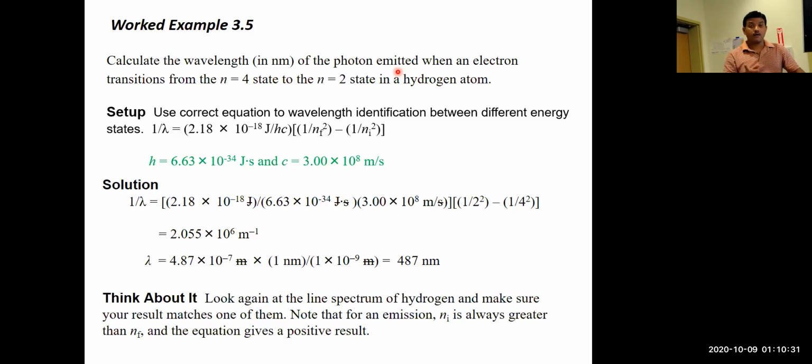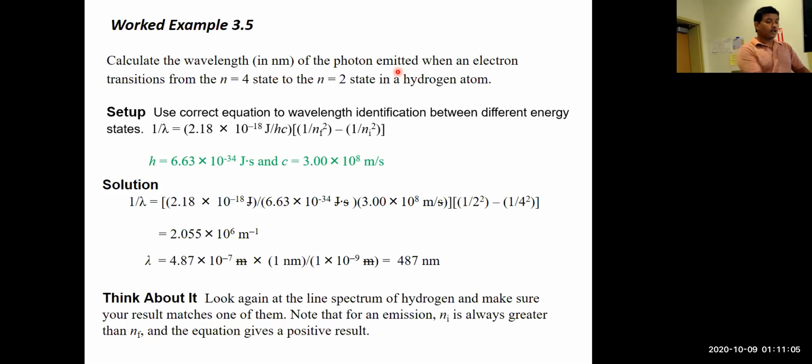In contrast, when absorption of a photon happens, the electron goes from a low energy shell to a high energy shell. So when absorption happens, the initial state is the low shell number, and the final shell is the larger shell number.